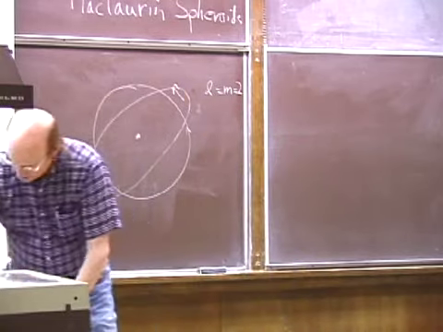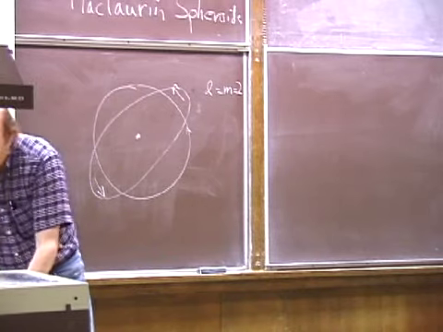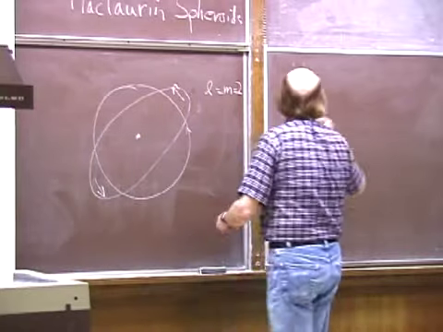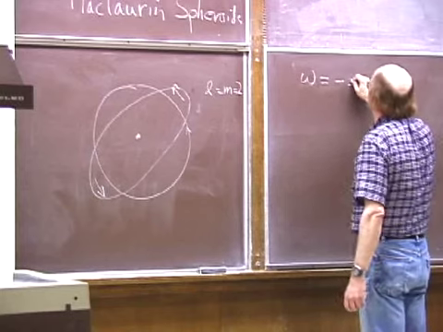Let me show you a graph. Well, I don't know whether I want to write the formula first or show you the graph. So he computed the frequency of these modes, and the frequency has the following formula.